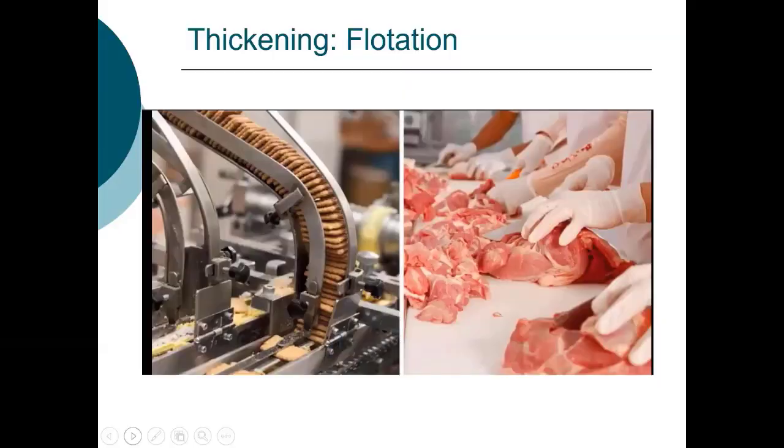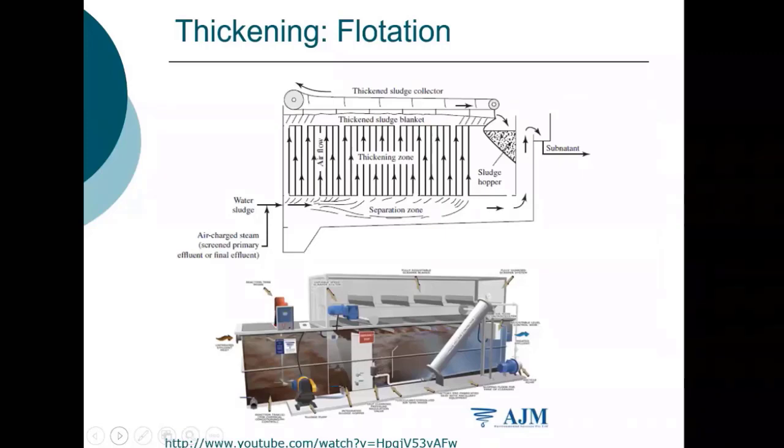But you can see in the image how these particles float to the surface. This is also used in the paper and pulp industry, and as I mentioned, used in many cases in wastewater treatment, municipal wastewater treatment. So this is just the flotation process.